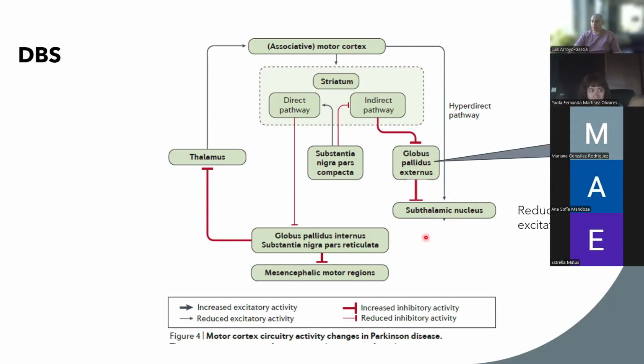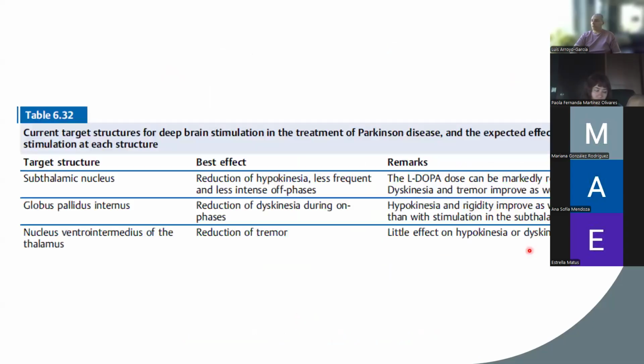I also found the same. I was trying to find a picture that I could show you of where it was in each of the ways of the globus pallidus and the subthalamic nuclei, but normally they target the subthalamic nuclei more. If they target this structure, then we have a reduction of the hypokinesia, less frequent and less intense off phases.